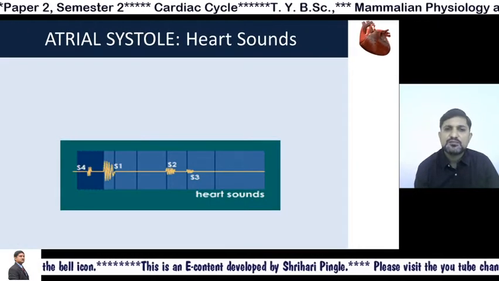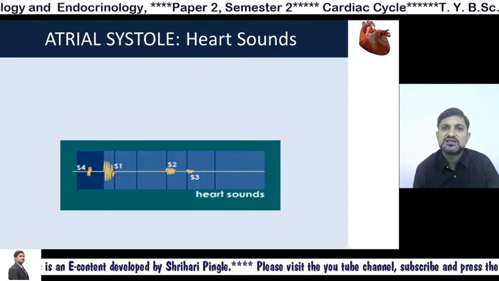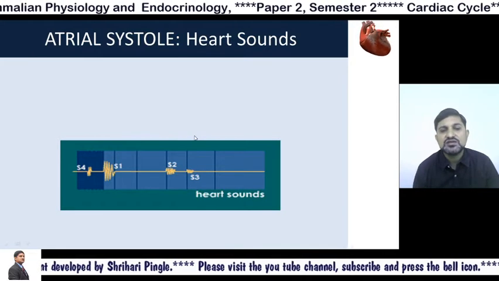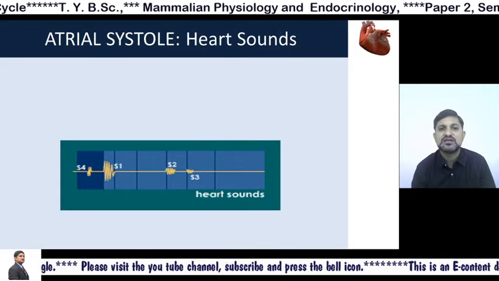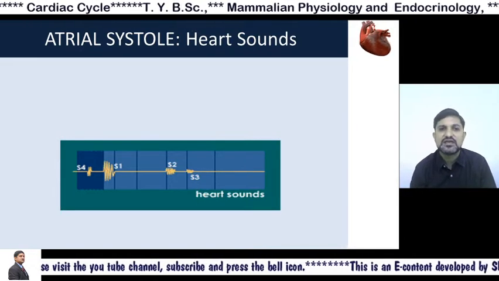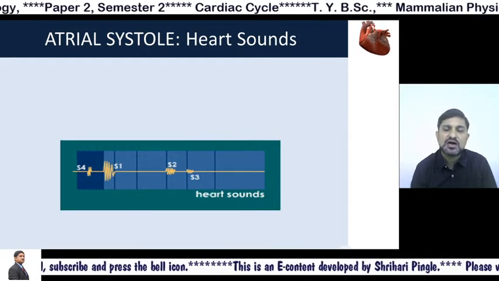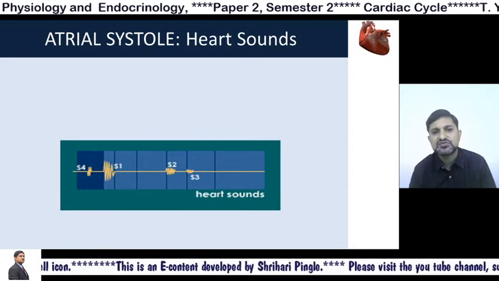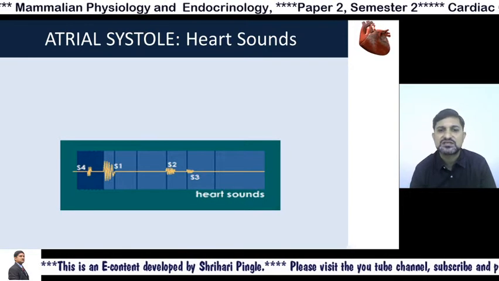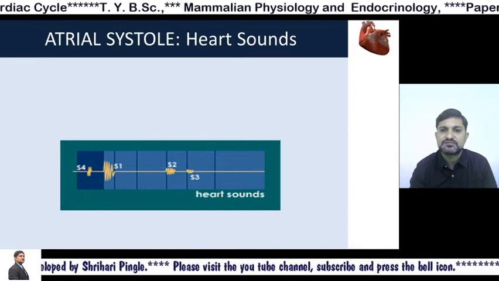Then another important feature during the functioning of the heart is heart sounds. Actually, there are 4 heart sounds classified as S1, S2, S3 and S4. Out of these, S1 and S2 are the normal heart sounds, and S3 and S4 are those heart sounds which occur under abnormal conditions.